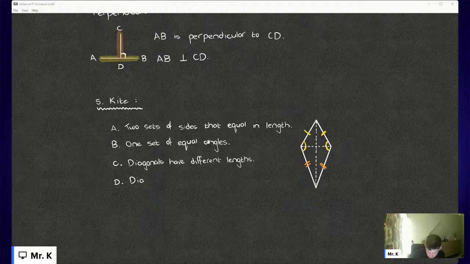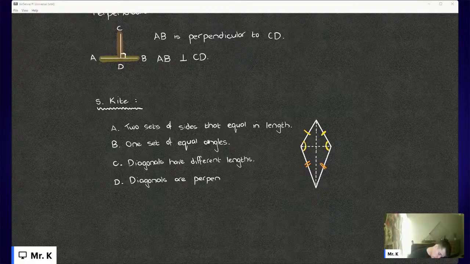The diagonals are perpendicular. Again, what does this mean? That the two diagonals that we see inside the kite meet at a perfect 90 degrees. Right? And what does this do?